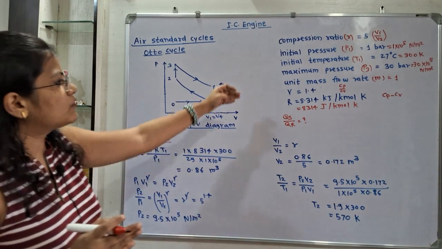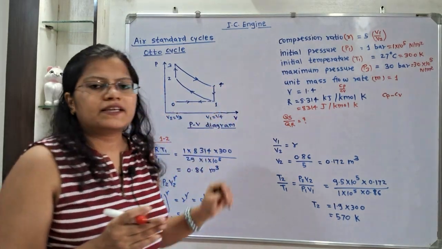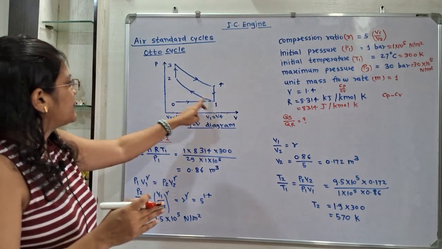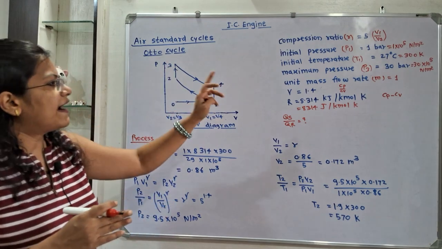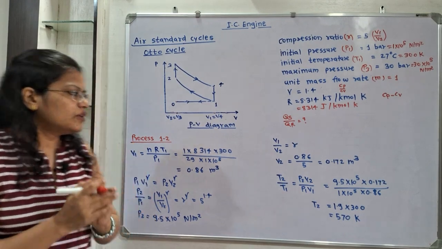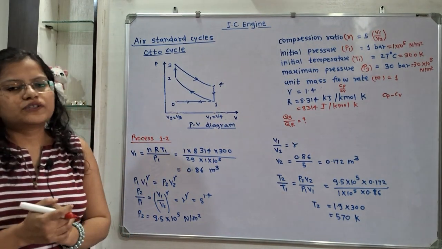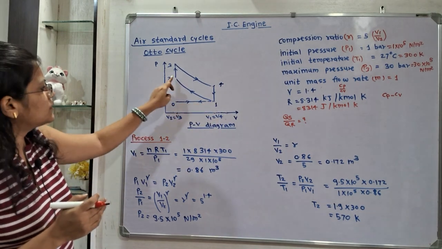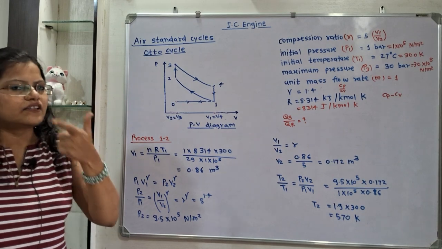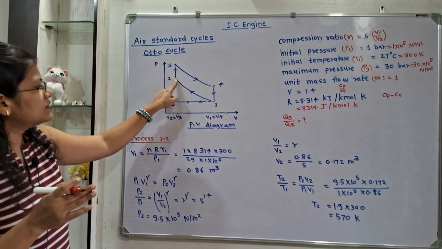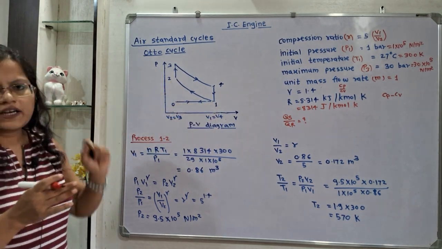If we observe, P1 and P3 are given, so we have to calculate P2 and P4, then we have to calculate V1, V2, V3, V4, and T1 is given, so we have to calculate T2, T3 and T4. Now if we observe the process 1 to 2, we will calculate all the parameters related to points 1 and 2.